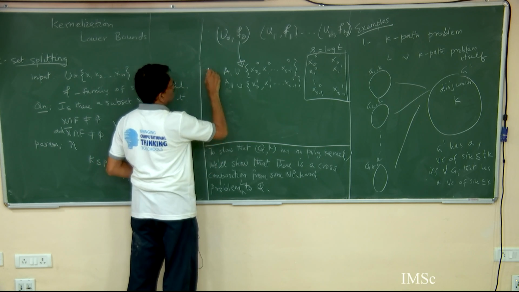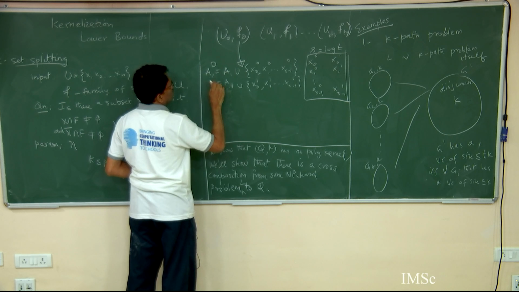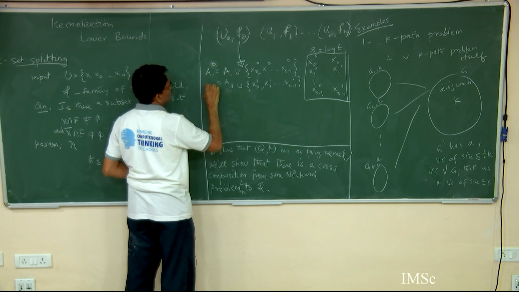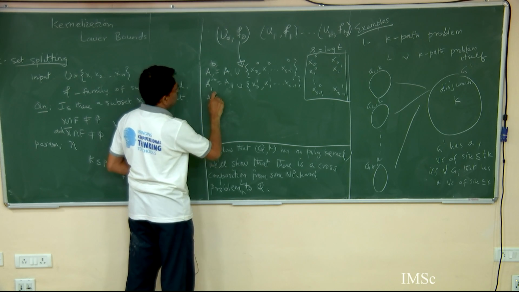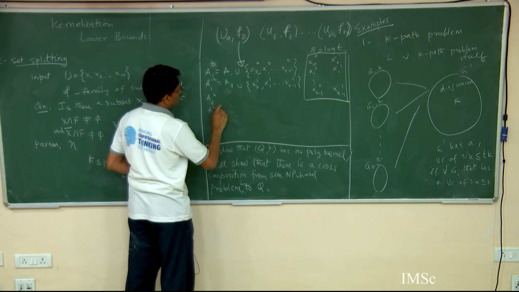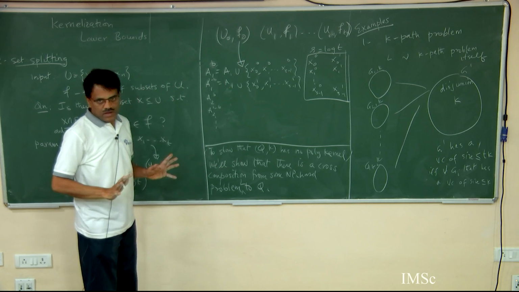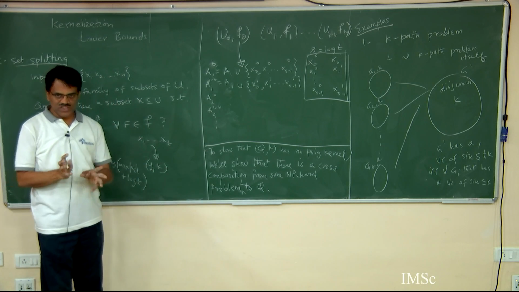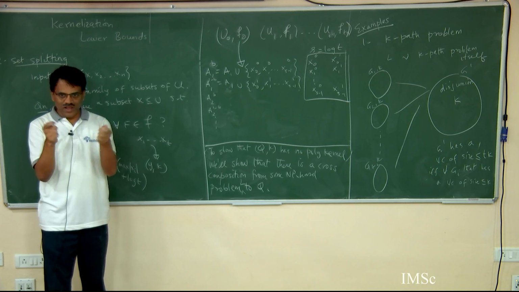So, this is my A1, call it A1 B, and A1 1 minus B. I will tell you what B is, and I similarly create A2 B, A2 1 minus B and so on. So, for every set in my family, I am attaching some new elements which do my encoding. It is a log bit encoding.